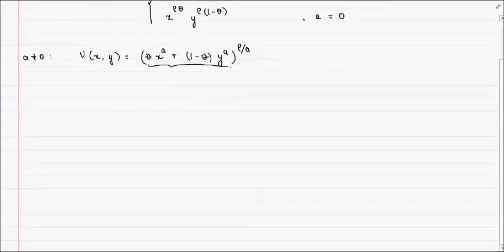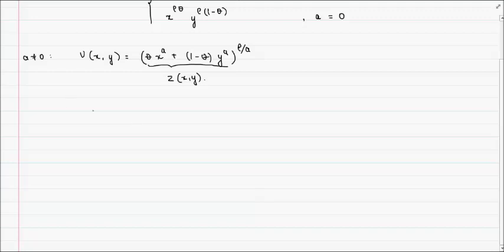Let the whole thing inside the bracket be a function of x and y, z. So u is equal to z to the power of rho on a.